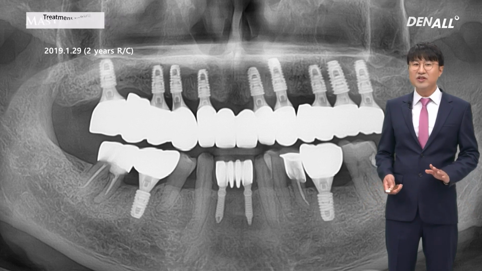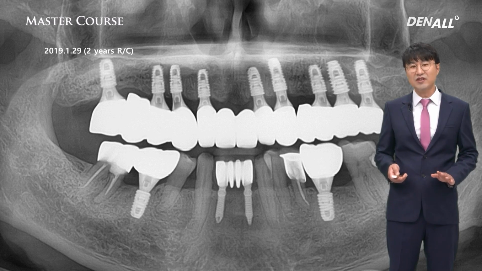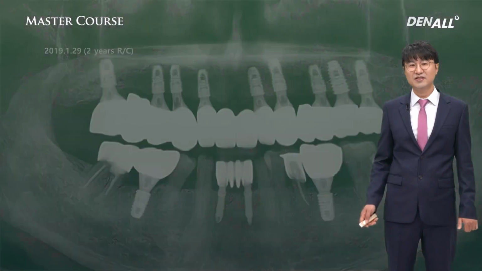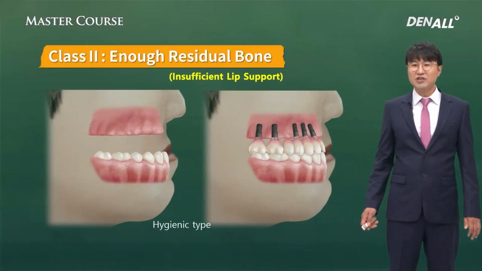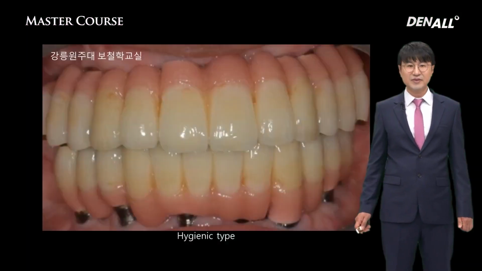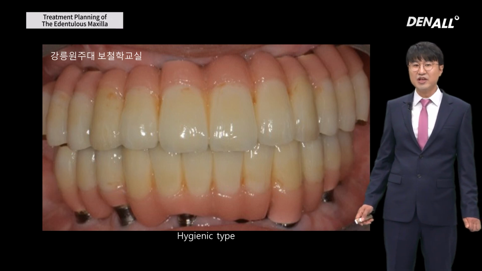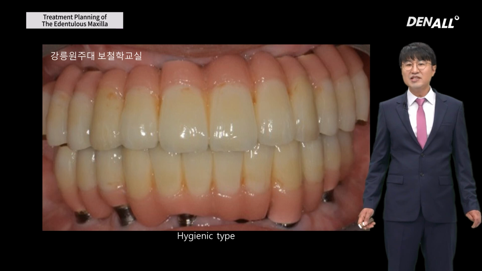Now, if there's a loss of vertical dimension, and there are many patients like that, in such cases you have to see whether there's sufficient lip support, and you should also check the relationship inside, and have an accurate understanding of that. If there's insufficient lip support, I prefer the hygienic type the best. This is not my case, but it is from Wonju University. Insufficient lip support was restored with the hygienic type.